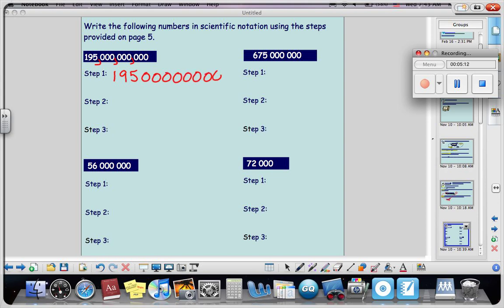Step 1 is to place the decimal after the very first digit in your number. I would suggest not putting in commas because it might mess you up in your count. Step 2 is to take this number, so we have 1.95, and I believe there's 9 zeros.